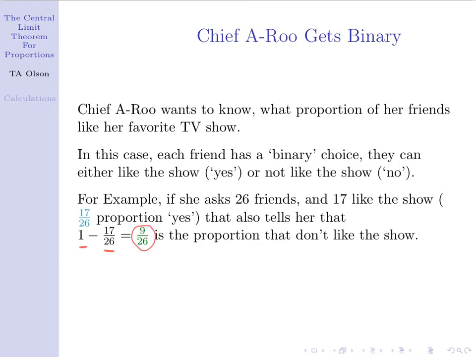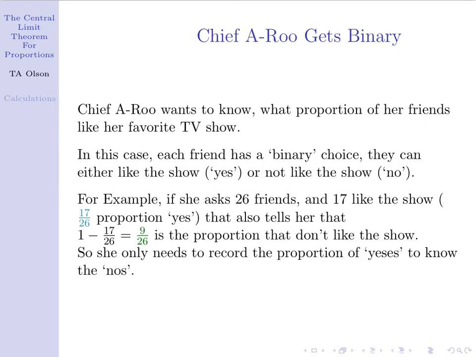So that's going to be the proportion that does not like the show, the remaining 9 out of 26. So in terms of information, she really only needs to record the yeses to know what the no's are. If she knows one piece of this information, the other piece is the remaining part.